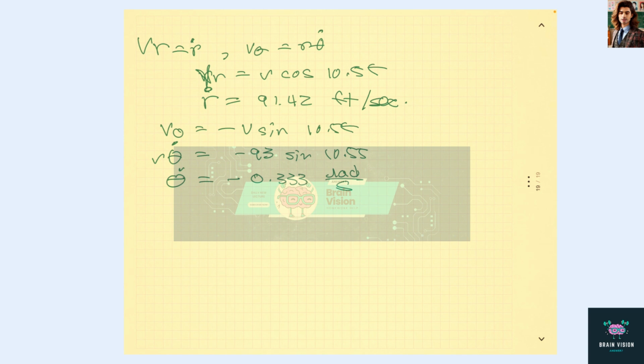Okay, let's see if that looks good. So ṙ and θ̇ equal respectively 91.42 feet per second and negative 0.333 radians per second.